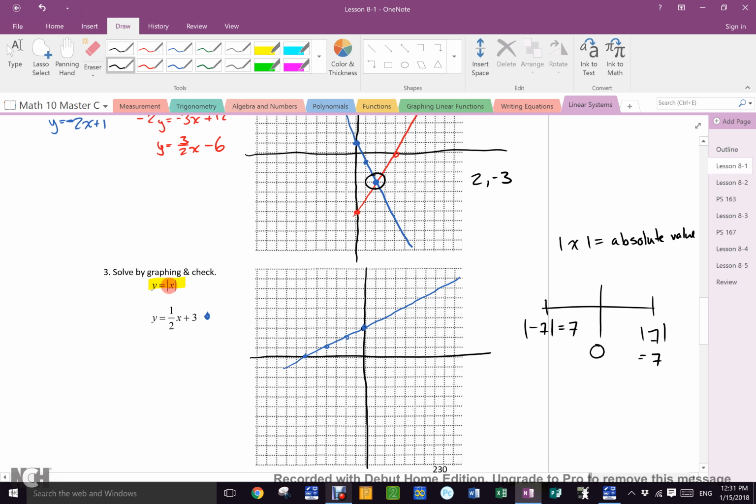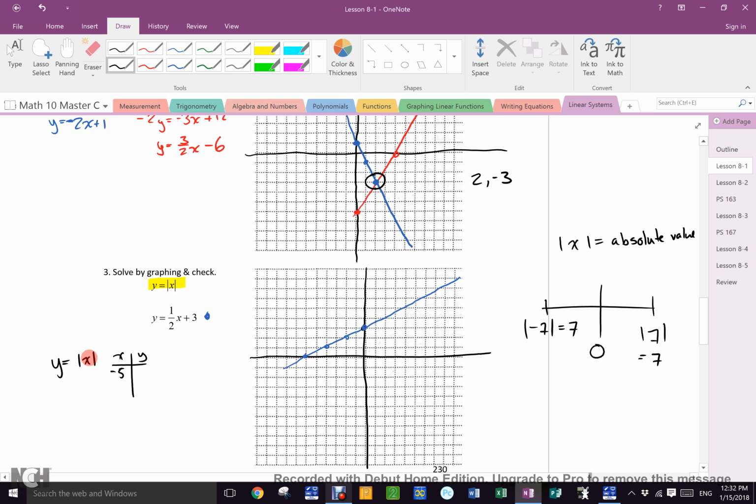I've got y and x, right? So y equals the absolute value of x. If I make a table of values, who decides what numbers I can put in for x? You guys do, right? Now, I always tell you to take some negatives and some positives. So let's take -5.